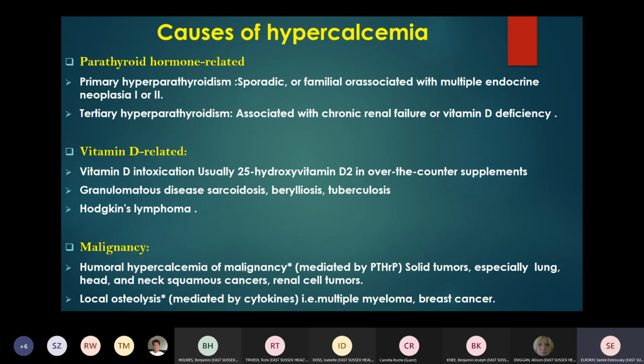Such solid cancers are secreting parathyroid hormone-related polypeptide. Also, other types of cancer like multiple myeloma and breast cancer can cause hypercalcemia by the effect of local osteolysis mediated by cytokines.